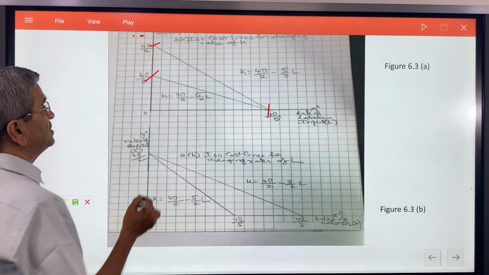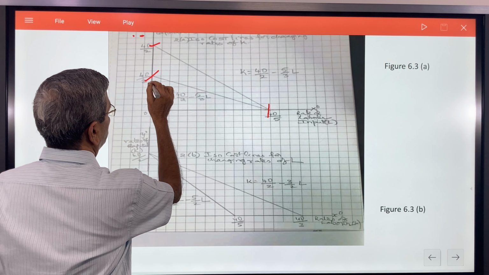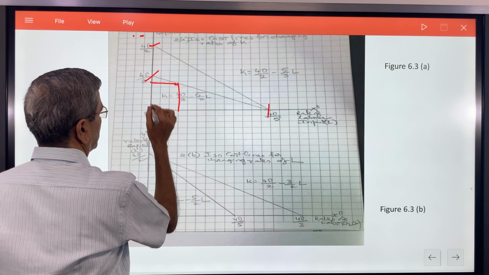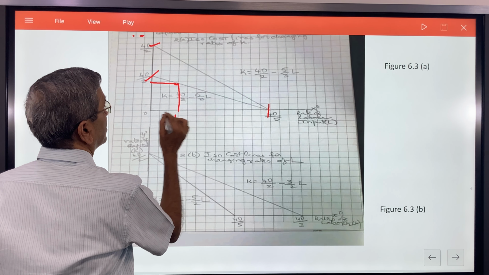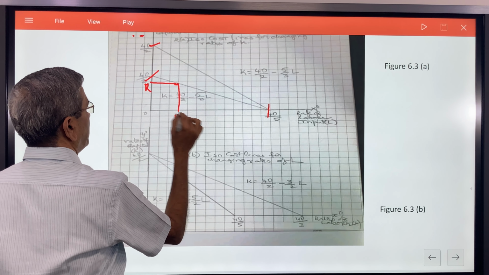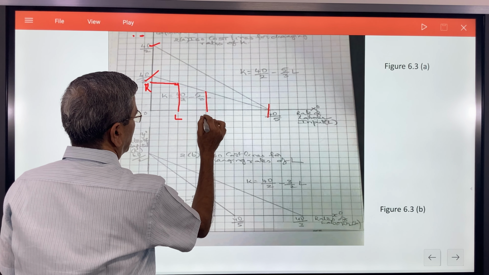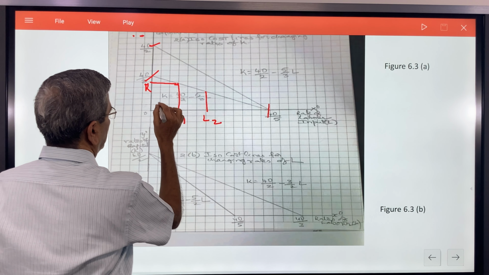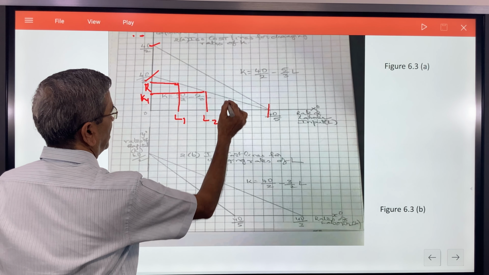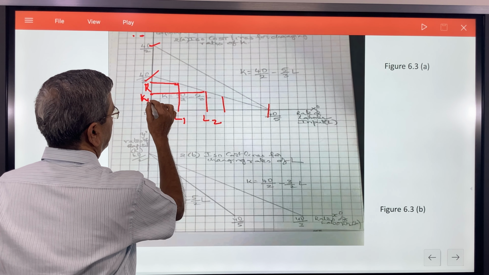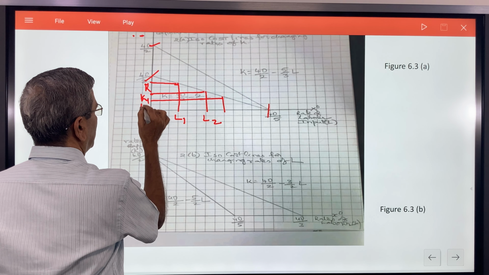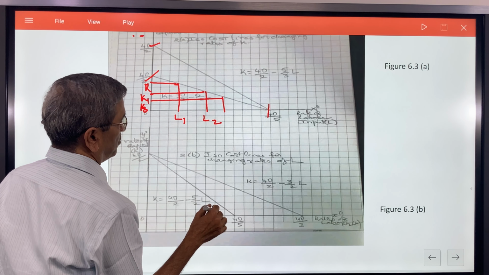So this is the change of input combination. If you draw a perpendicular from here, this will be your units of labor and this will be your units of capital. And this is the changed L2 and this will be your changed K1. As you increase the L, K will come down.